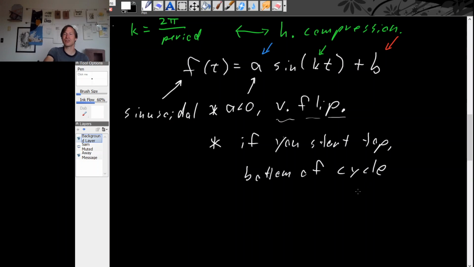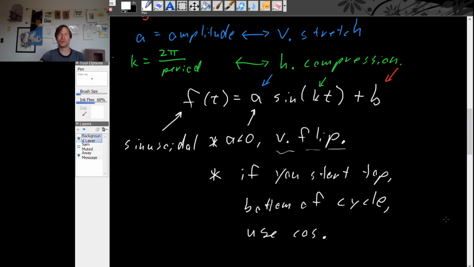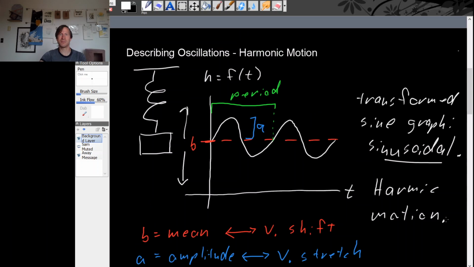So if you need to start at the top or the bottom of a cycle, use cosine instead, because it starts at the top of the cycle. So if you need to start at the top of a cycle, use cosine. If you need to start at the bottom of a cycle, use the flipped cosine. Okay, so with all of this in mind, let's actually use this to describe some oscillations.